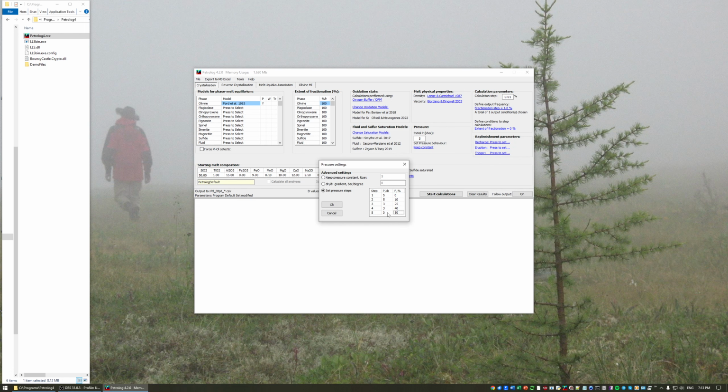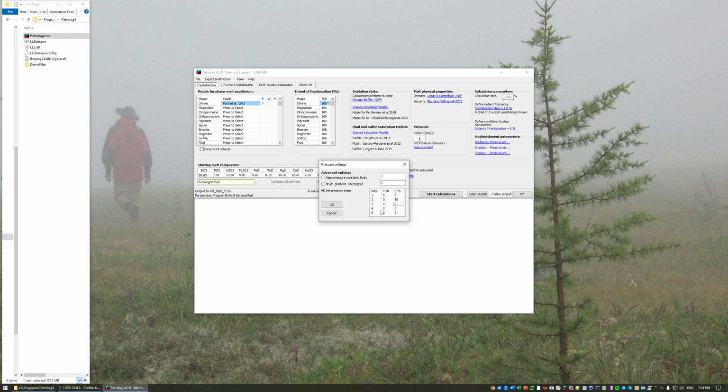So these are the three options. Obviously, you can change those values. And if you would like a continuous ascent of the magma during crystallization, let's say you want to reach from 5 kilobars to the surface while magma is ascending continuously, all you would need to do is to say that here we will have 50 percent and the pressure is 0, and then all these values will be 0, which tells Petrolog that you are not interested in using anything past that.